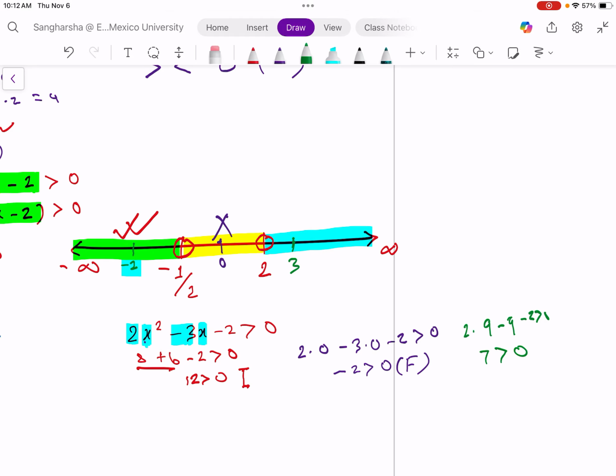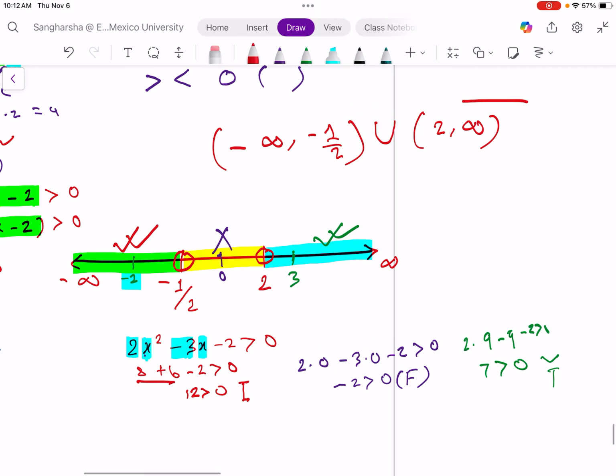It's true, so this interval is a solution. So our solution for this quadratic inequality is from negative infinity to negative 1/2, open circle means parenthesis, union from 2 to positive infinity. This is the solution for this inequality.